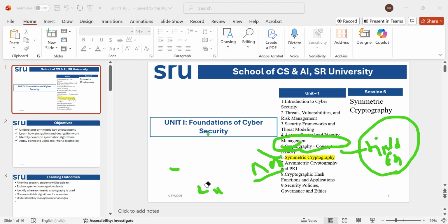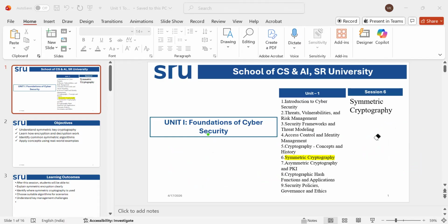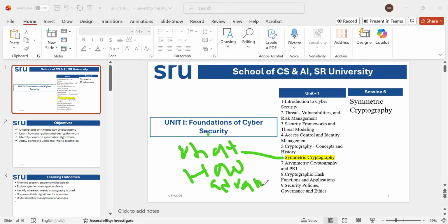So what will we study in symmetric cryptography? We will cover what symmetric cryptography is, how it works, what the advantages are, and a few methods of it.